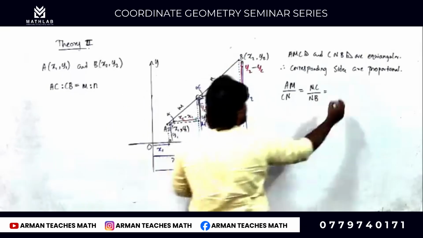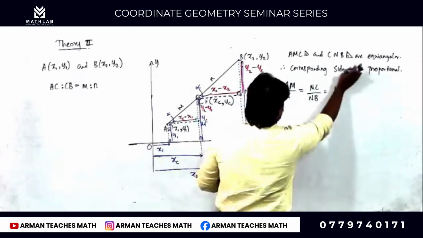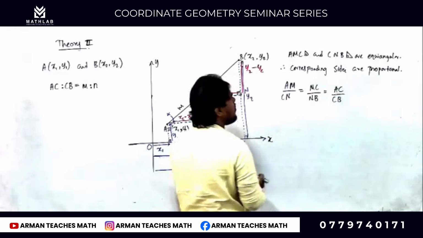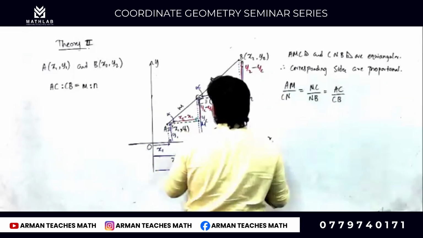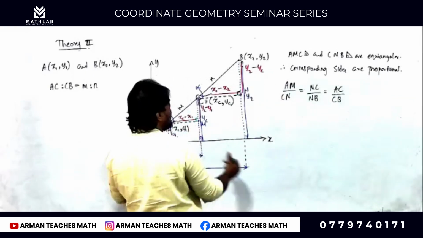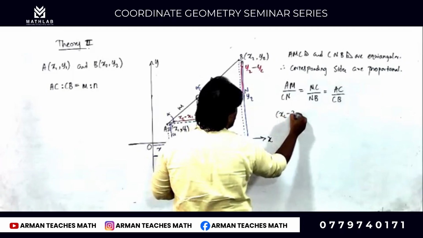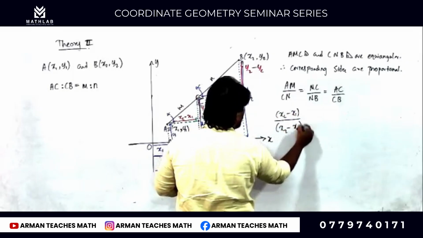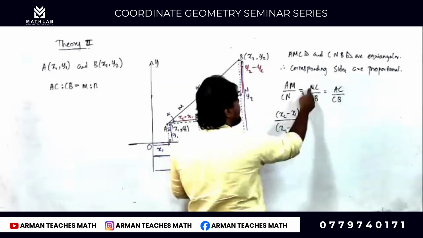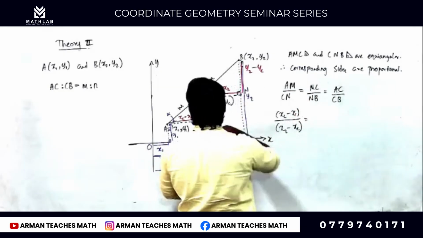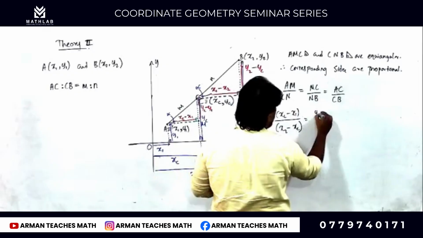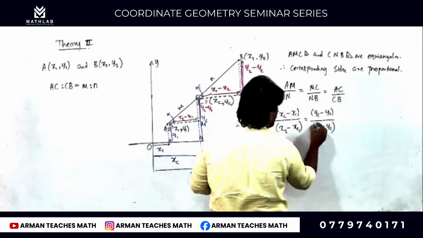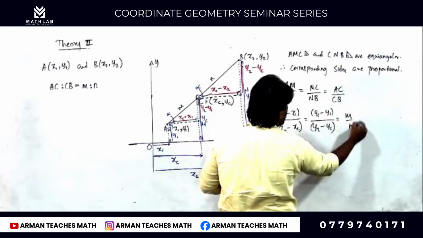It's M is to N. So we know that AM length in terms of xc and x1 is xc minus x1, CN is x2 minus xc. This equals MC over NB, which is yc minus y1 over y2 minus yc, and this is M is to N.